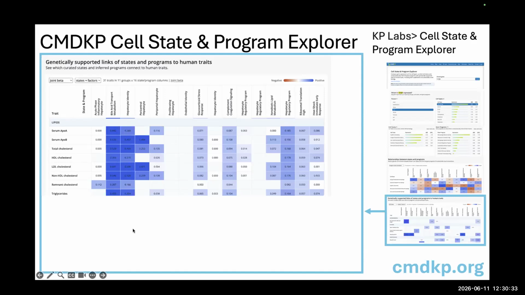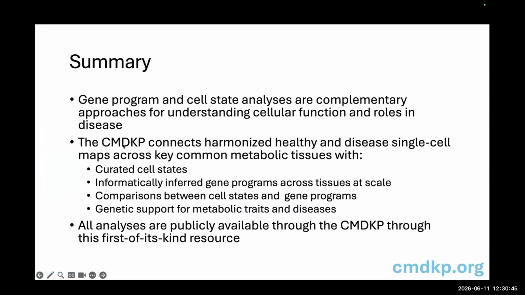This is consistent with what has been reported in the literature for PNPLA3 and its connection to these various lipid traits, and provides some insight into how that might be happening.